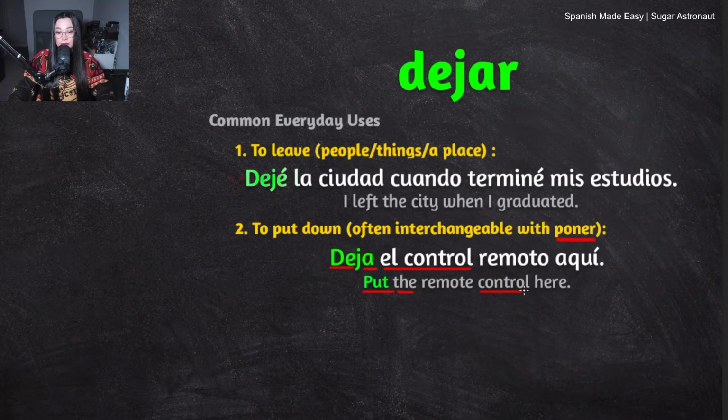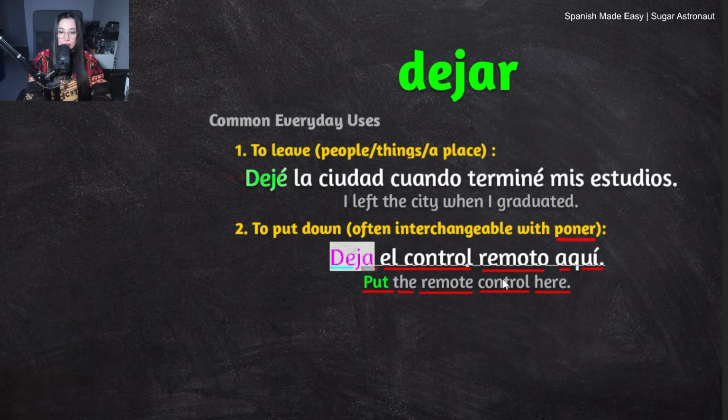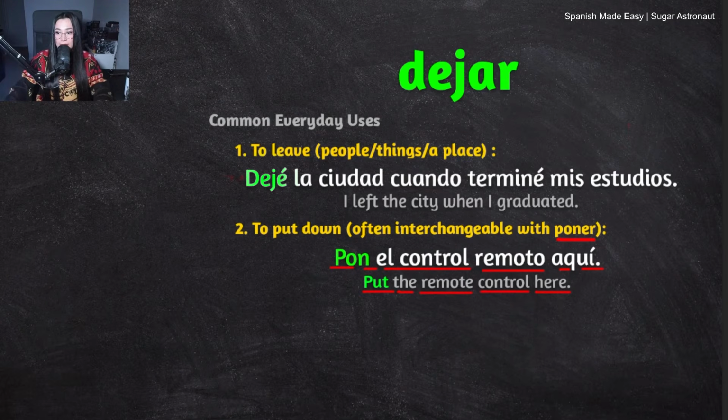Control means control. Same spelling. Remoto means remote. Aquí, here. Okay, very easy.